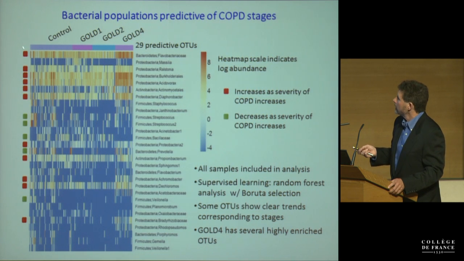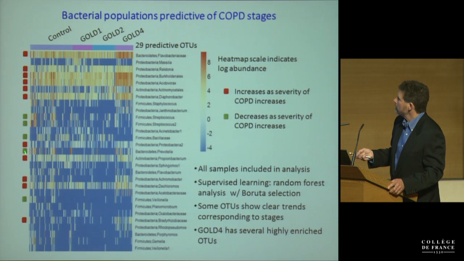And so I've keyed these with red to indicate the OTUs that are increasing in abundance with increasing severity of COPD. So these samples are from the controls, GOLD 1, GOLD 2, and GOLD 4 groups as we go from left to right. And this is an analysis of the overall data set, all of the samples that I've mentioned.